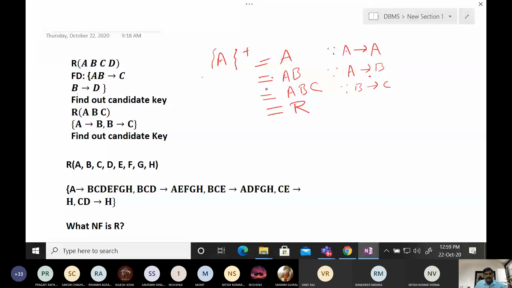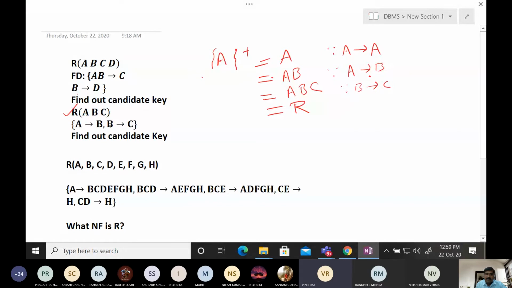Now tell me, what is the normal form of this relation? 2NF. Why?